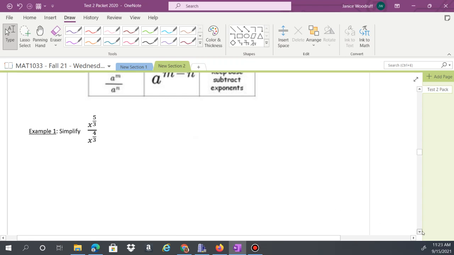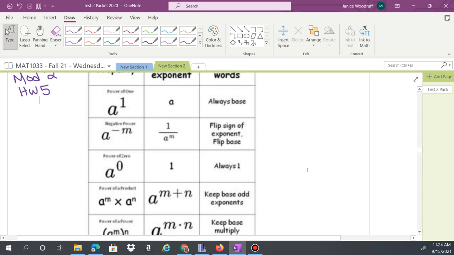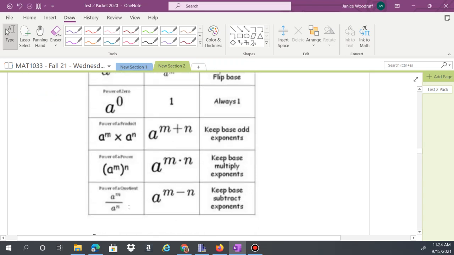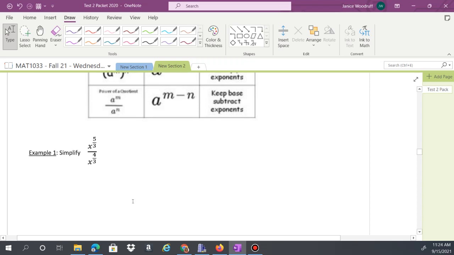So for our first example, we have the same base, and that would be like, last one here, quotient rule. So we will subtract top to bottom. Now when you're dealing with fractions, sometimes you don't know which one's bigger, so it's always important just to go top to bottom and then simplify from there.